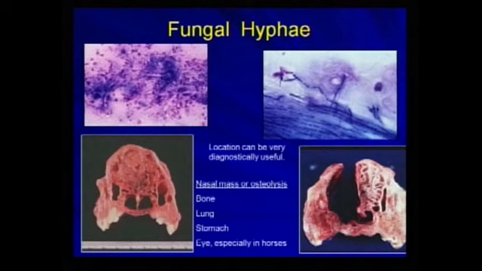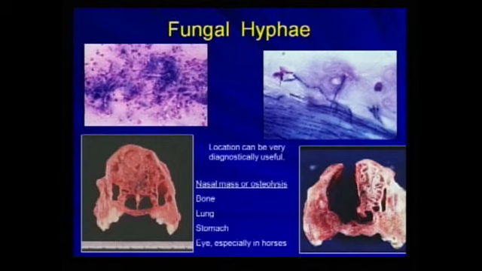Most fungi, to grow in hyphal structures, and especially to have those fruiting bodies, will require oxygen tension. But you can also see just regular hyphae, not the fruiting bodies, in a wide range of locations, including bone, stomach, skin, and the cornea of horses.